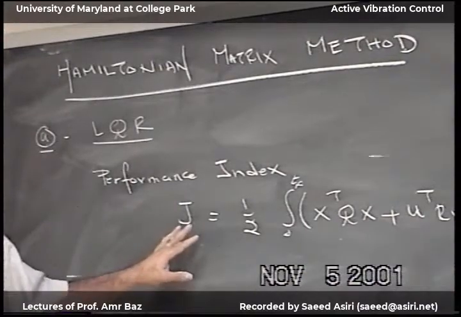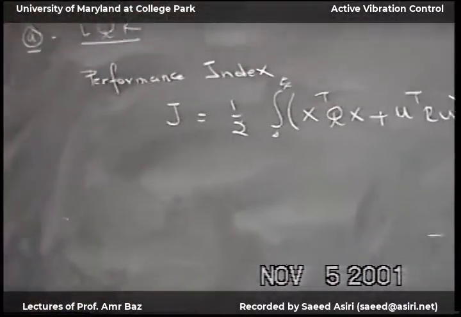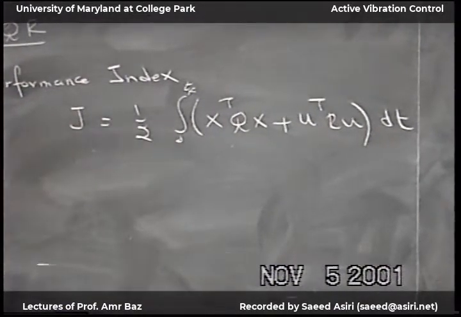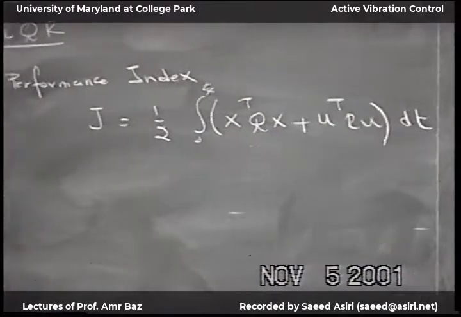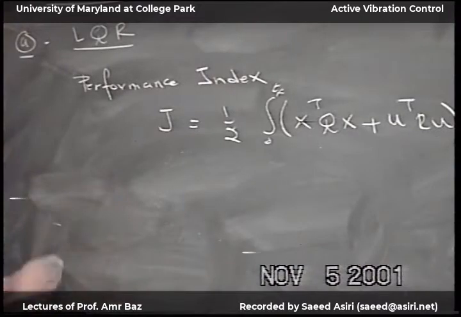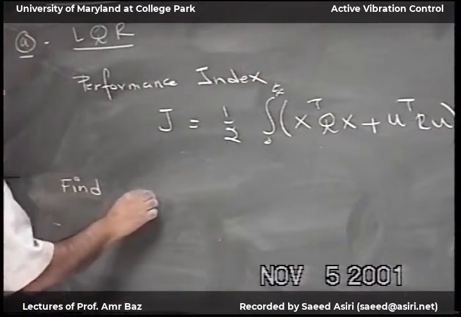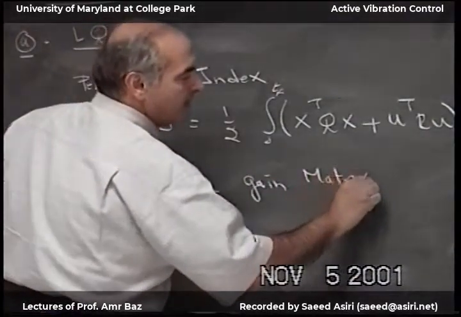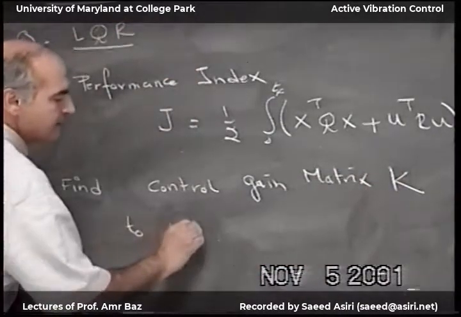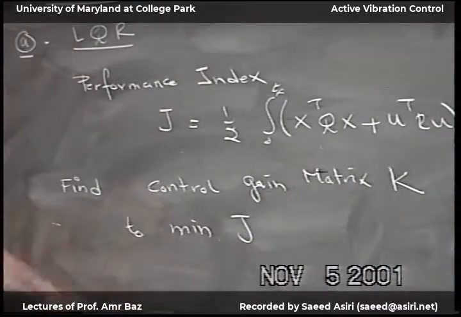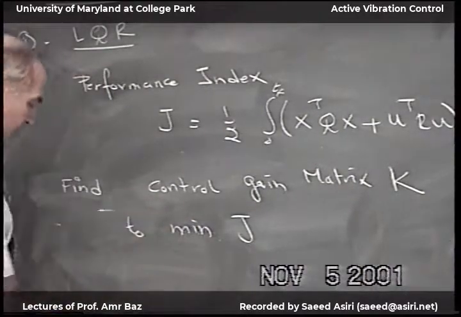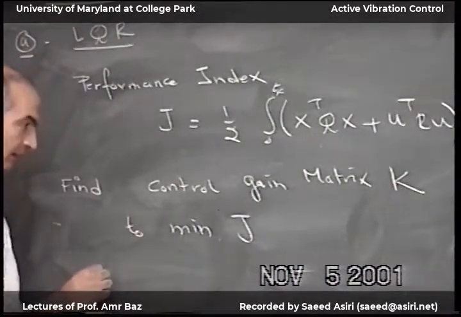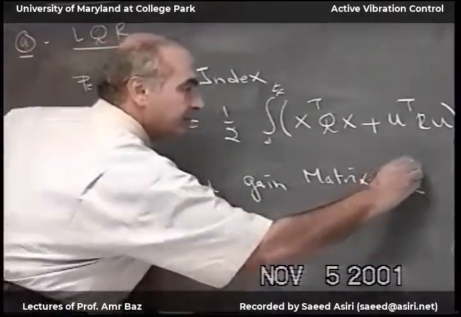I solved this problem with one way that you have in the notes by making assumption on the system stability, and we showed that this J, let's see here now, find the control gain to minimize J, and we showed that I can write J and find this. This is our objective.